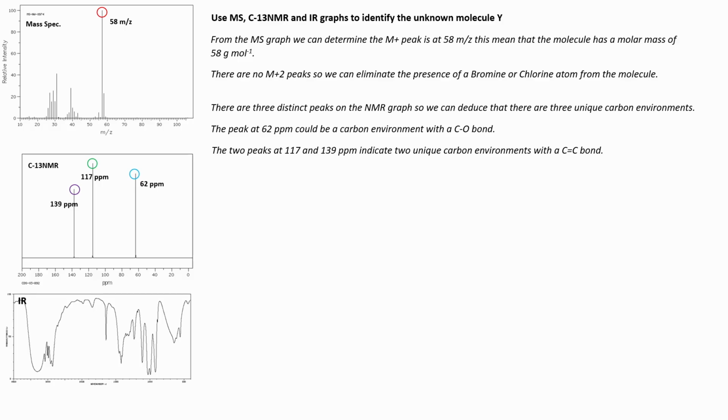What it means is that there is a double bond, and each carbon involved in the double bond is in its own unique environment. Okay, so we found that information: at least 3 unique carbon environments, and a total molar mass of 58. But let's have a look at the IR graph and see if we've got any other information.